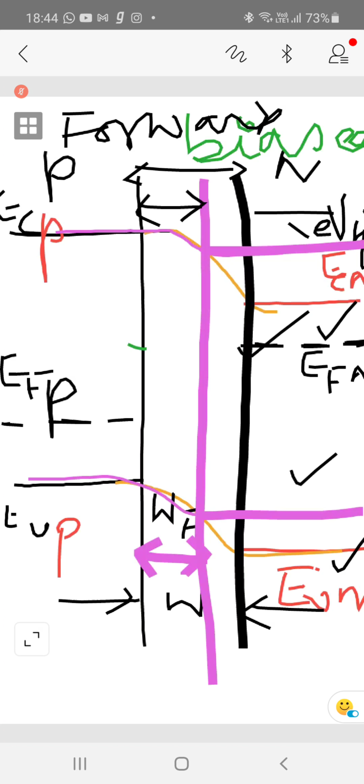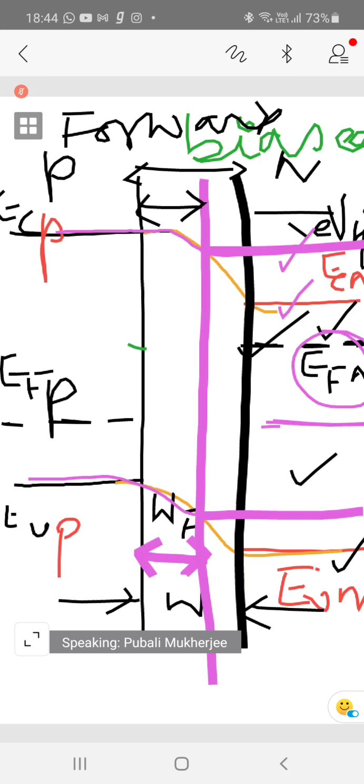Initially it was this red line, now it is this purple line, it has moved up. It has to move up proportionately to maintain the distance between the bottom of the conduction band and EF.